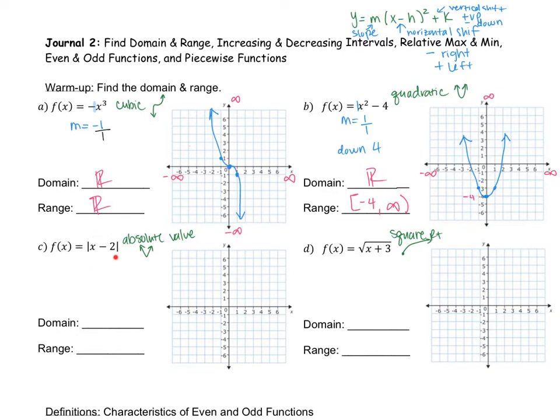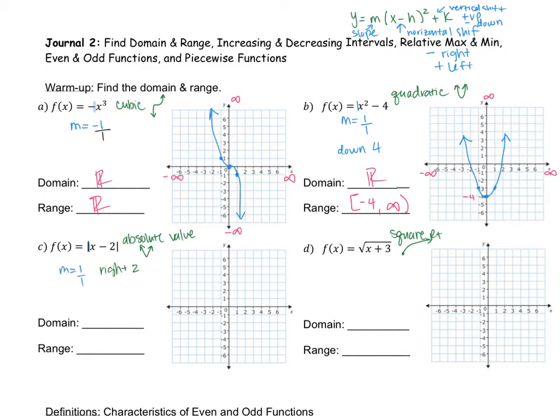So C has an absolute value, and it's very similar to the quadratic. In this case, the inside here has been shifted to -2, which means that inside the parentheses is a negative, so that means right 2. So we are going right 2, and we also have a slope of 1, because that number in front of x is a 1. So in this case, 1 over 1.